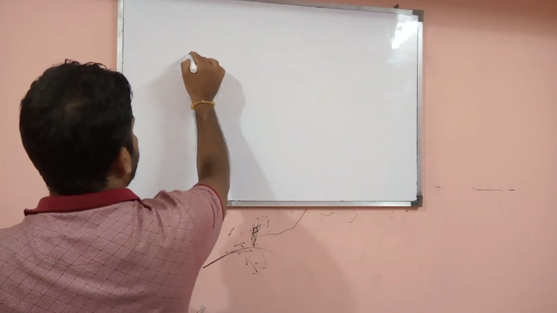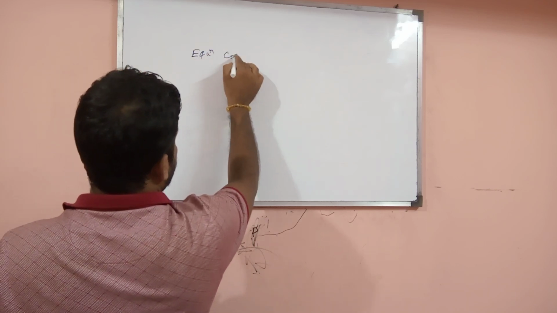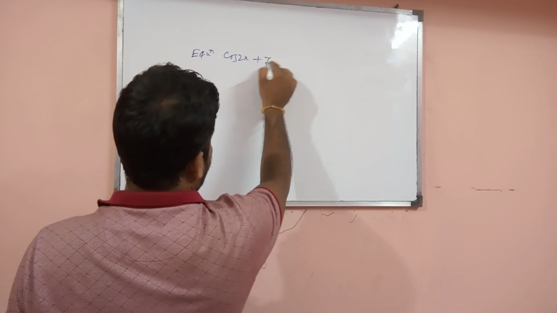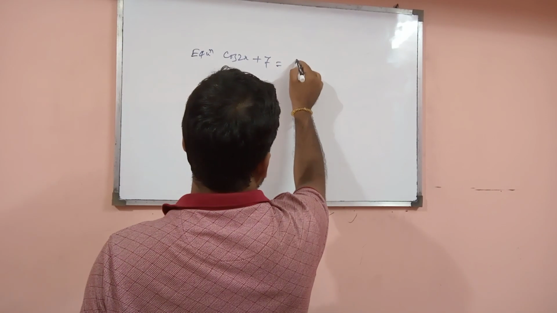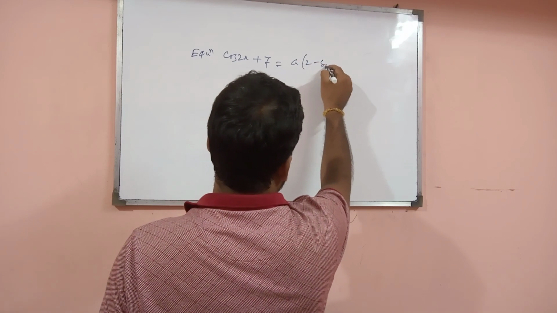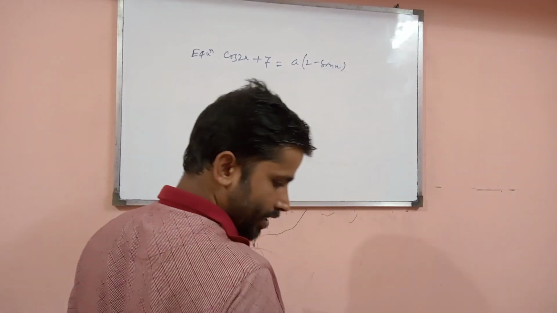Equation cos twice x plus 7 is equal to a into 2 minus sine x can have a real solution.